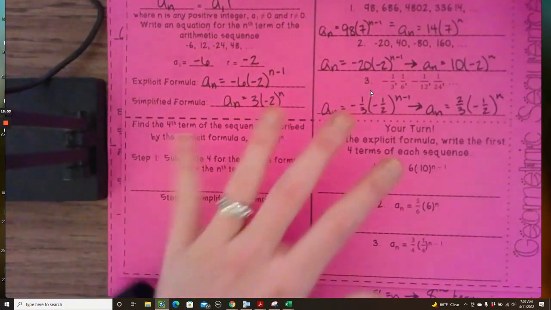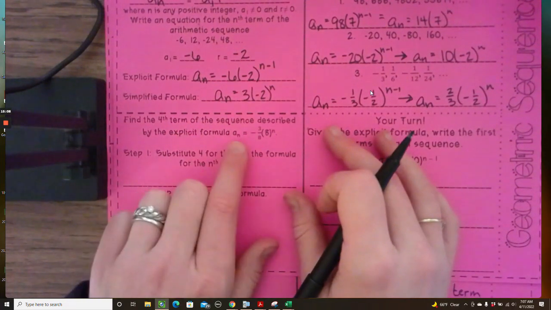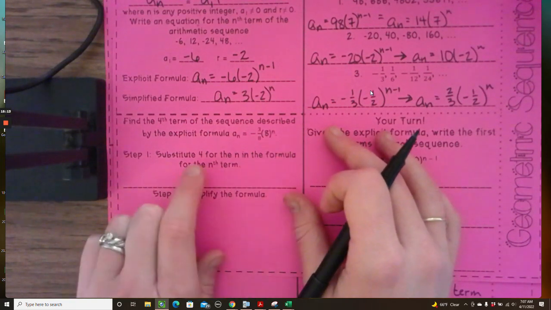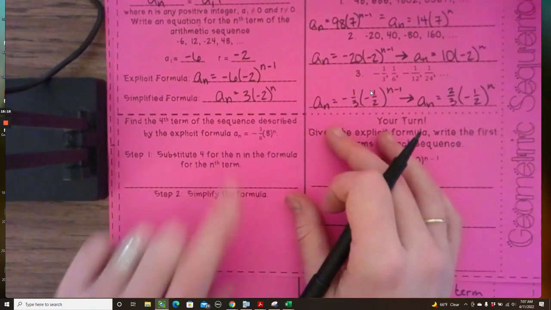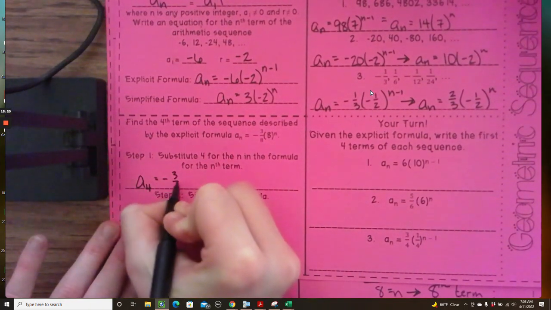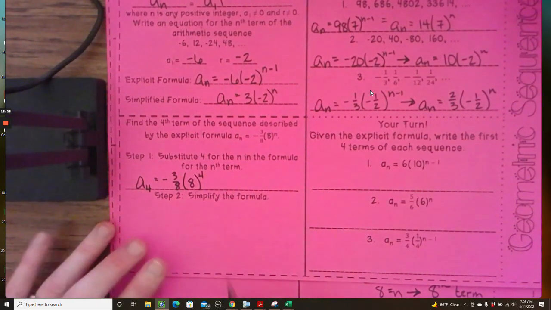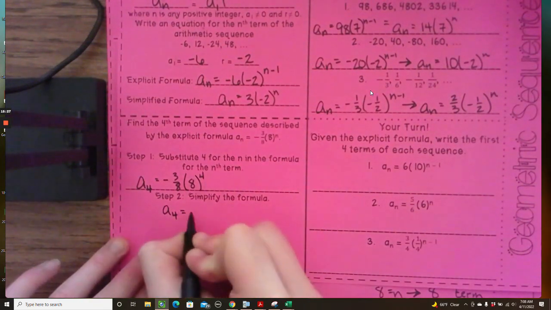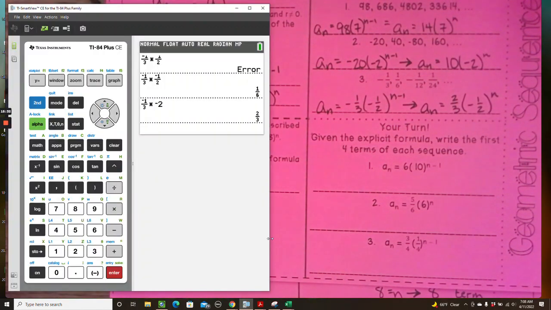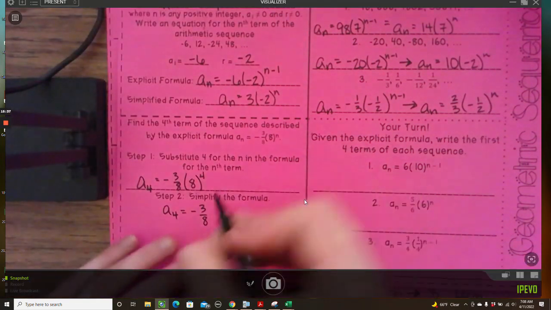All right, so using these, we use them the same way. Down here it says find the fourth term of the sequence described by the explicit formula. A of n equals -3/8 times 8 to the n. So we would substitute 4 for all the n's. A of 4 equals -3/8 times 8 to the 4th power. 8 to the 4th is 4096.